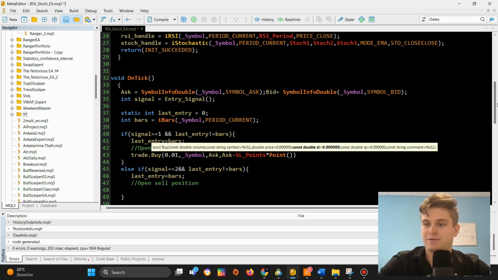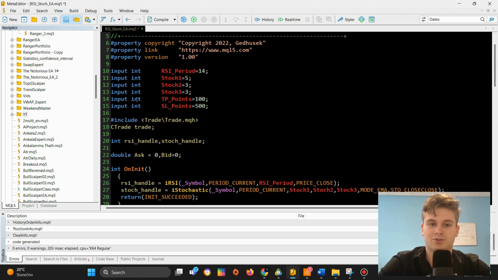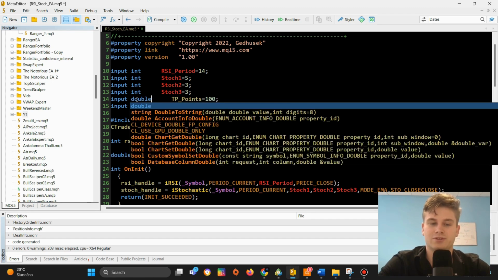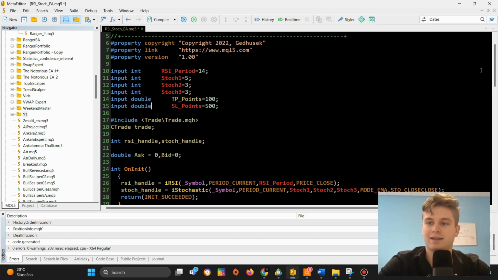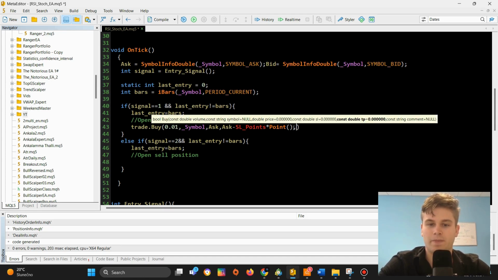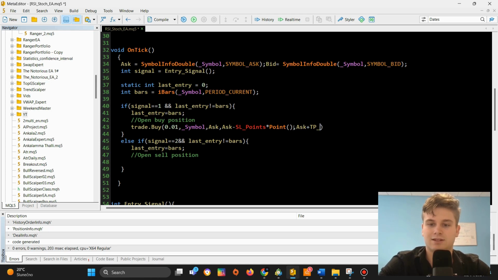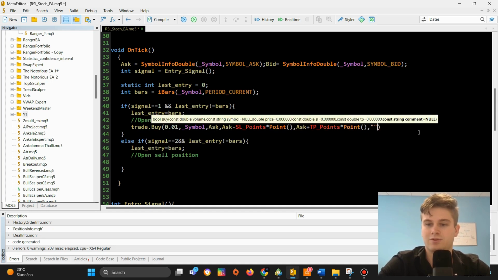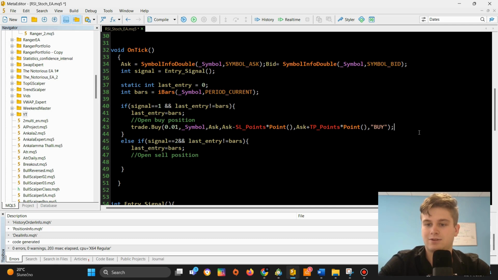I'm not sure if the stop loss points should be double, maybe, because then we are multiplying it by the point variable, which is a float. So yeah, I will keep it like this. Then ask plus take profit points times point, and now it's, yeah, okay, good. And I can also add a comment which will say buy.